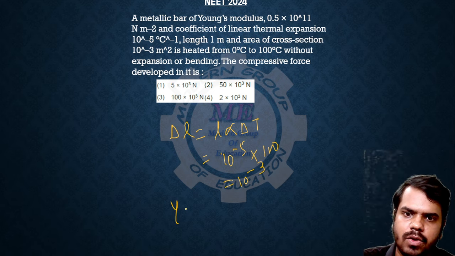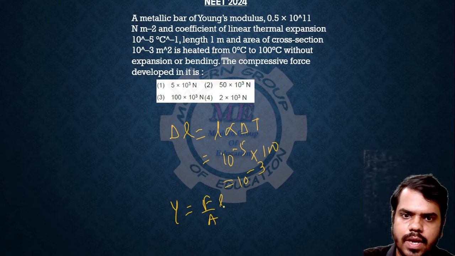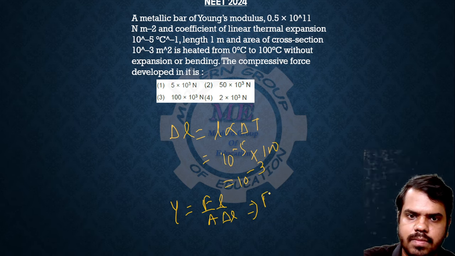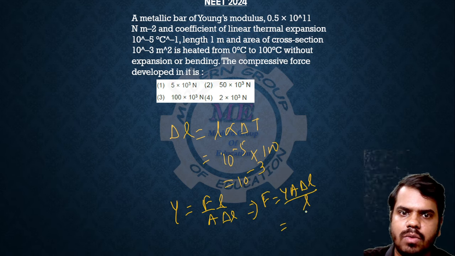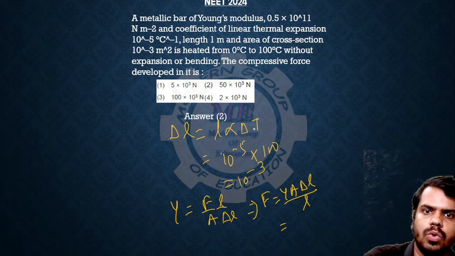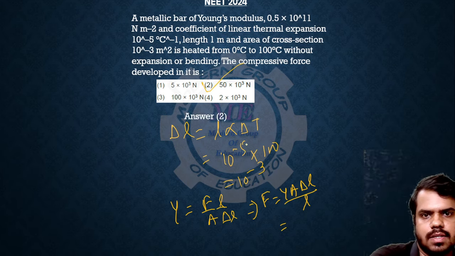Now put the values in Y equal to F by A into L by del L, and find the compressive force F. So F will be Y A del L by L. Now putting the values of Y, A, and del L by L, you will get the answer.